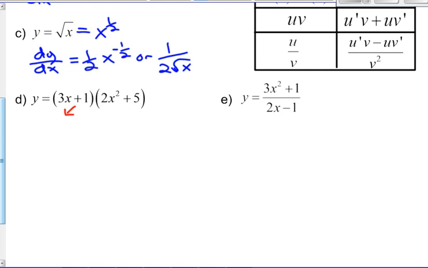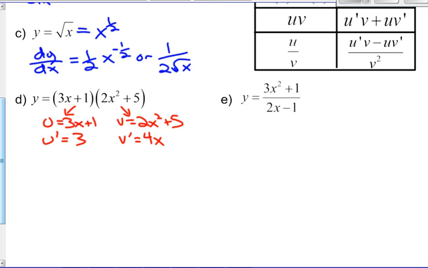So I'd say that the first thing that's being multiplied, that's my u. And I'd also like to figure out what u prime is. So if u is 3x plus 1, u prime is 3, using our little differentiation rules. The next thing that we're multiplying by, that's what we call our v. And its derivative is 4x.